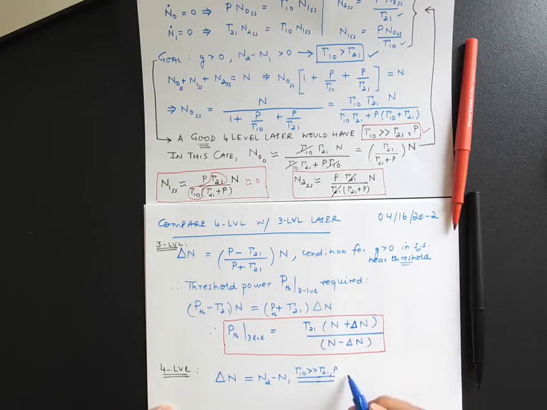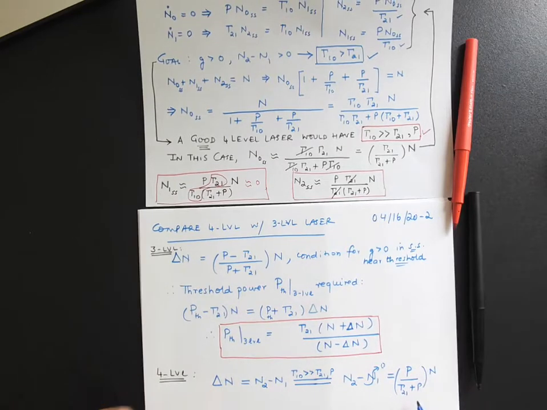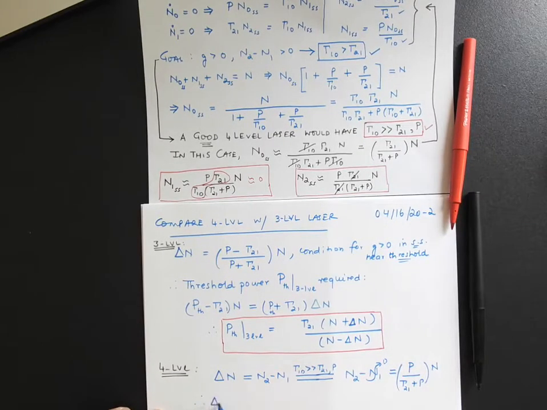And so in that case, n1 became 0, and n2 we have already written out here is p over gamma 21 plus p, times n. So that's delta n. So once again, I can do the same thing: delta n times gamma 21 plus p equals p times n at threshold, right?